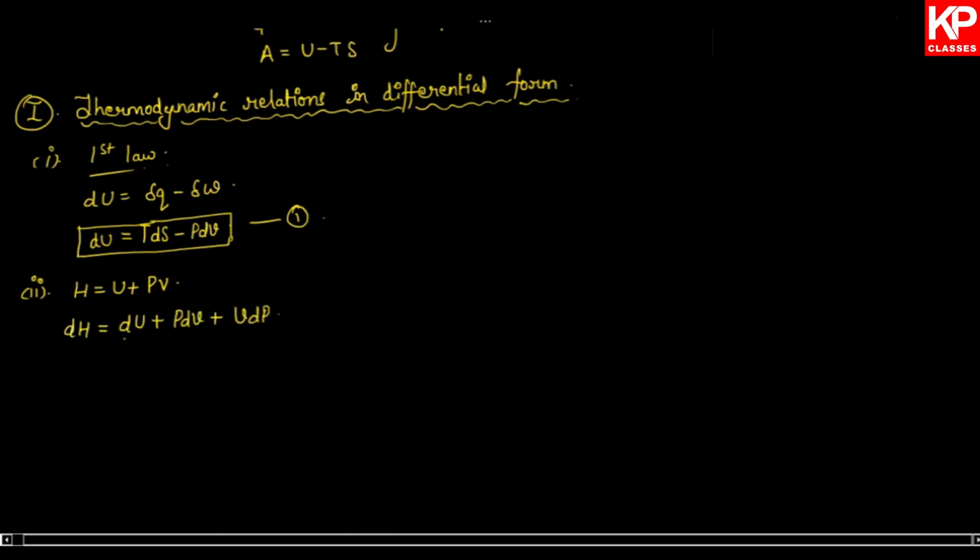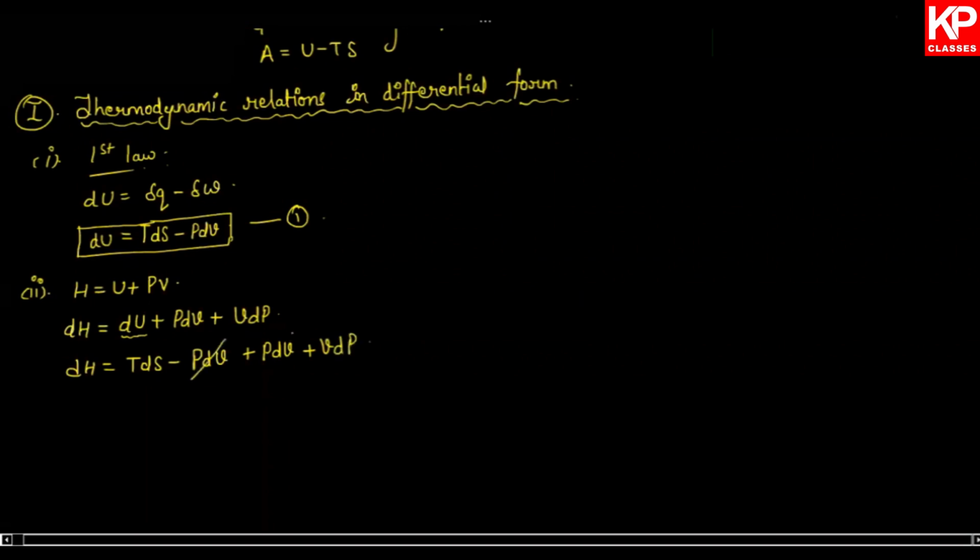Now, we have already calculated the value of dU from the above equation. You can replace it with the help of the first equation. It will come dH is nothing but TdS minus PdV plus PdV plus VdP, right?